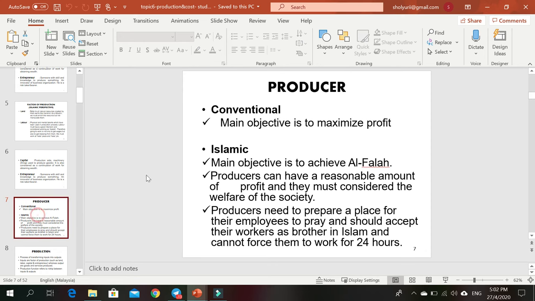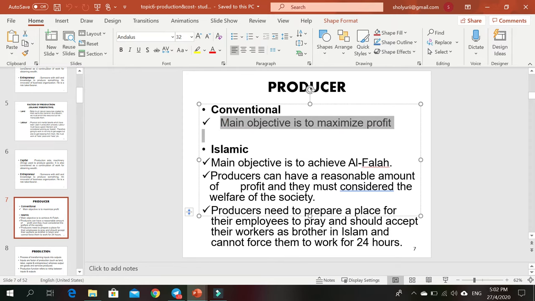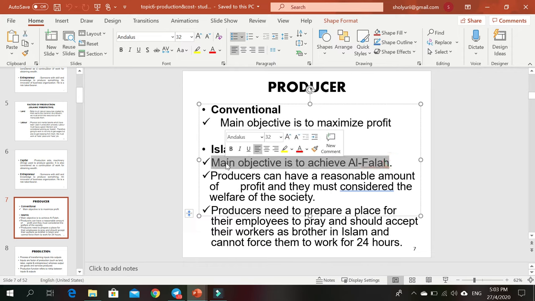Okay, and untuk producer, conventional punya producer adalah to maximize profit. Every seller, they do something, they produce something, they sell something in order to get profit. While Islamic punya producer, okay, dia tak ada yang first tu maximize profit, tak ada.